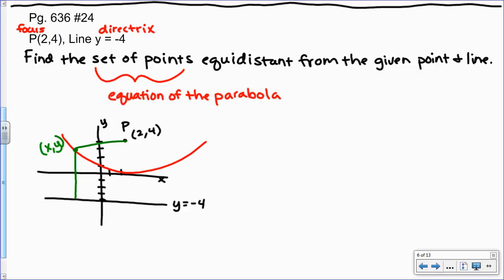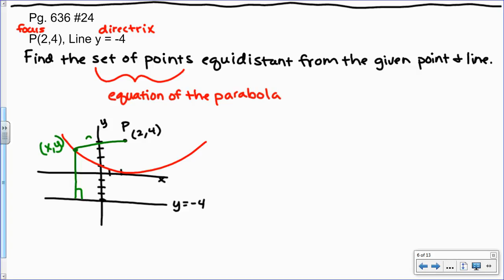But you wouldn't even need to know that. You actually don't even need to have a parabola drawn. You just need to have some arbitrary point between P and L. I just sketched it to kind of help us see what we were looking for, but I don't know exactly if that's what the parabola is.